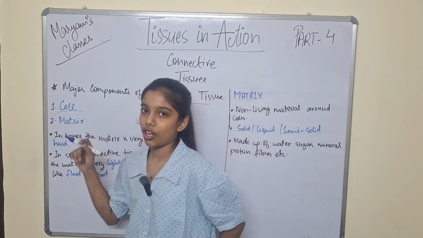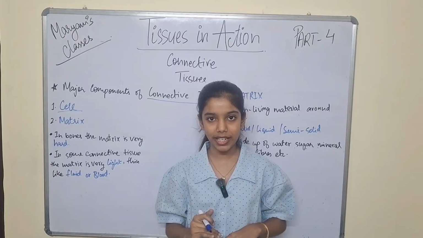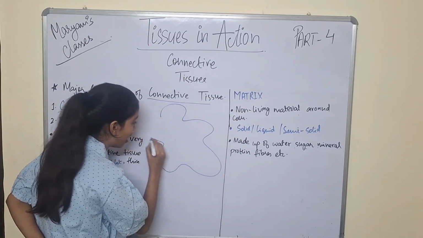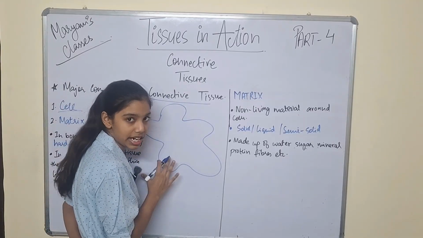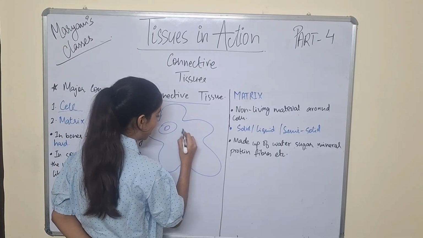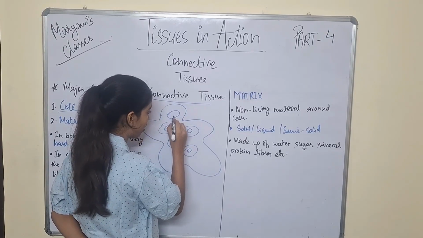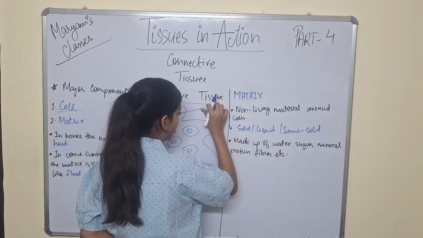Second is matrix. This is a new term for you, matrix. Let me help you understand what matrix is. Consider this as a connective tissue. As it is a tissue, it will have cells. So this is a group of cells having nucleus with them.